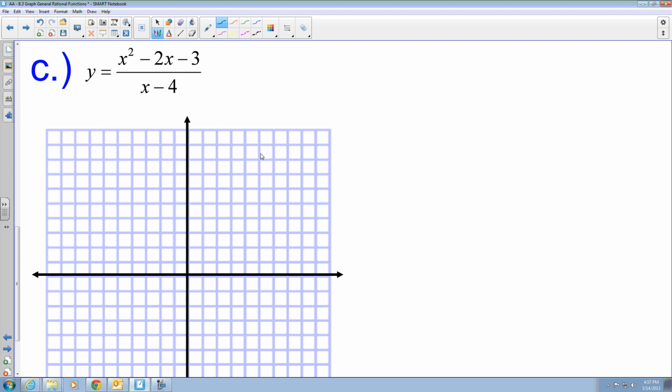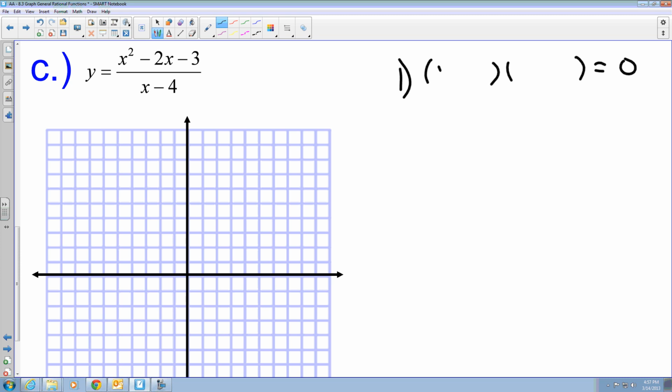For C, I have y equals x squared minus 2x minus 3, all divided by x minus 4. So the first thing I want to do is find the x-intercepts. I can factor this out by using reverse FOIL.